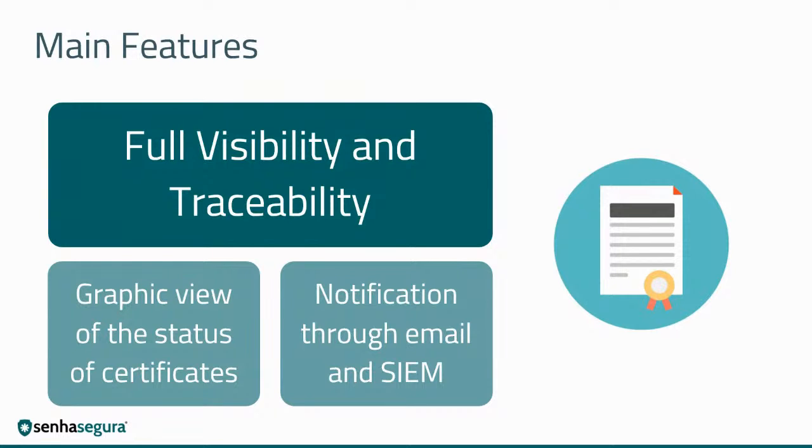So you can integrate Senha Segura certificate management with your Splunk, for example, to send those alerts. And the alerts can be sent in customized periods of time to specific people in your security teams. And this allows administrators to have full control over due dates of certificates that are managed by Senha Segura Certificate Manager.